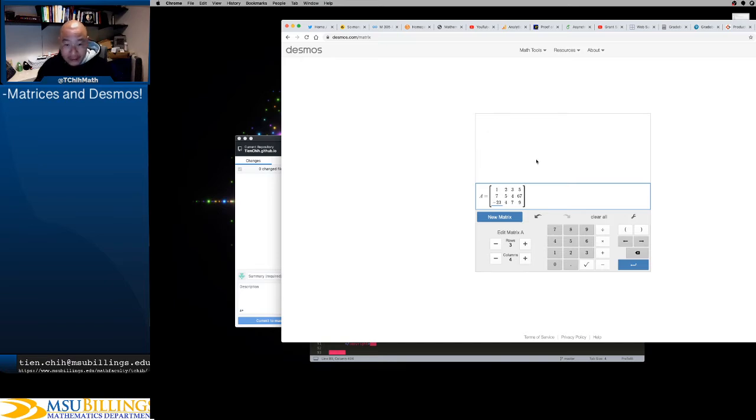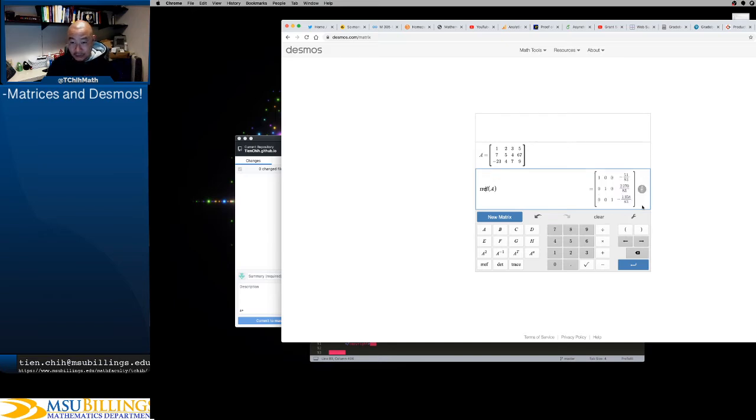Negative 23. Let's say you have a system of equations that corresponds to that. We can set that to be A if we want to take its reduced row echelon form. It solves that for you and puts it in decimal form here, or we can get fractional form if we so chose.